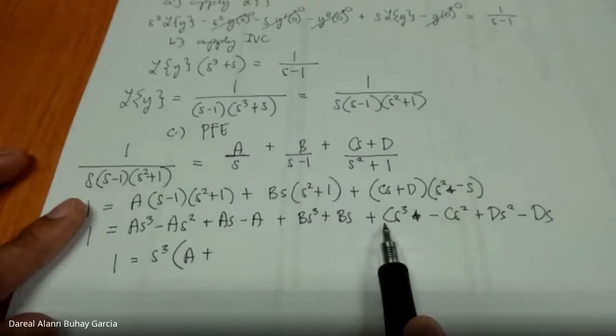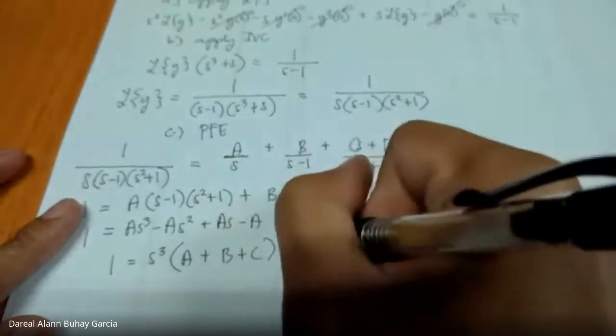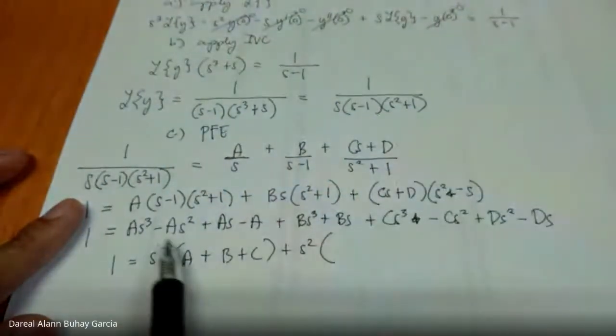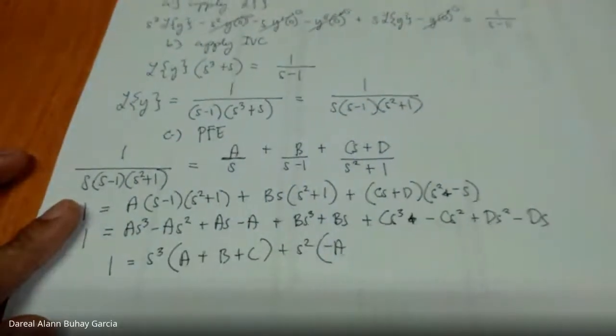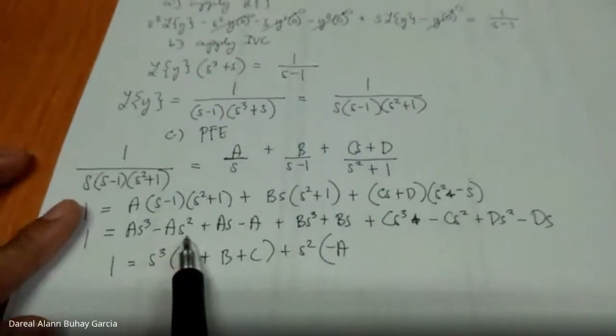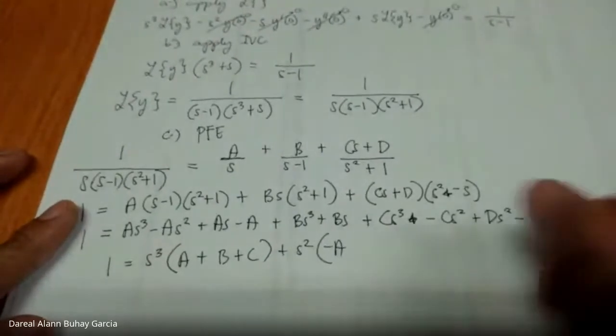The s squared terms: negative a minus c plus d.